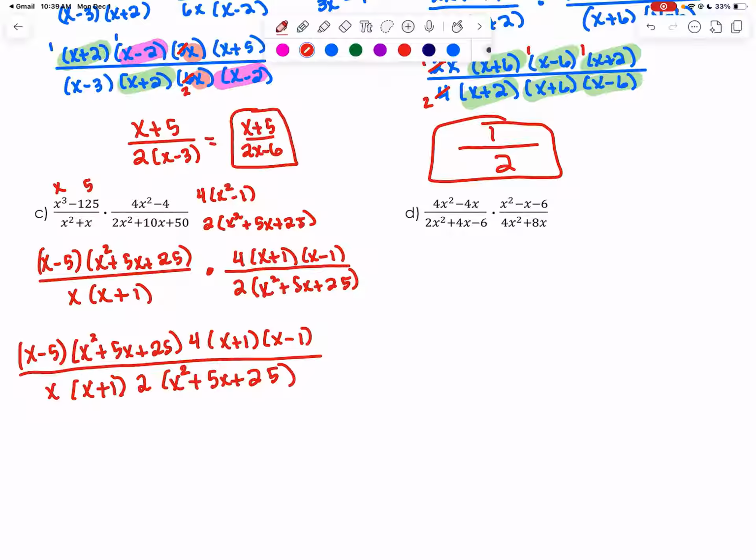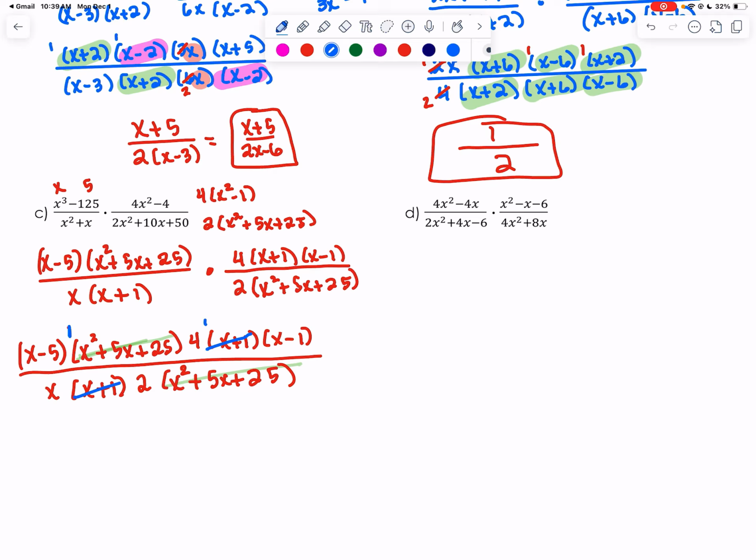Now we're going to look for any common factors that would divide out to be positive 1. So this would cancel with this and leave me 1. That would divide out to be 1. This x plus 1 would cancel with this x plus 1. That would leave me 1.